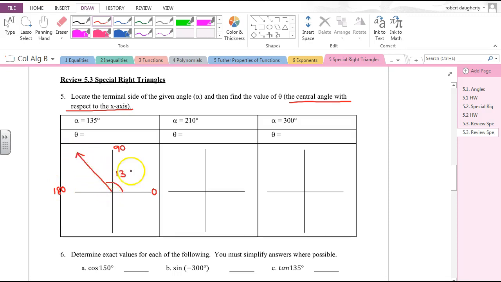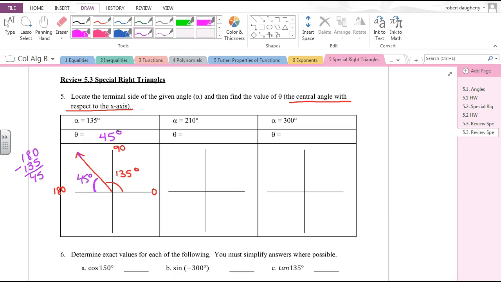Okay, the central angle or the reference angle is going to be the closest x-axis. So the closest, here's my terminal side, the closest x-axis is right here. So what is this angle? Okay, well, this angle has to be 180 minus 135, which is 45 degrees. Okay, so a 45-degree angle is the central angle.